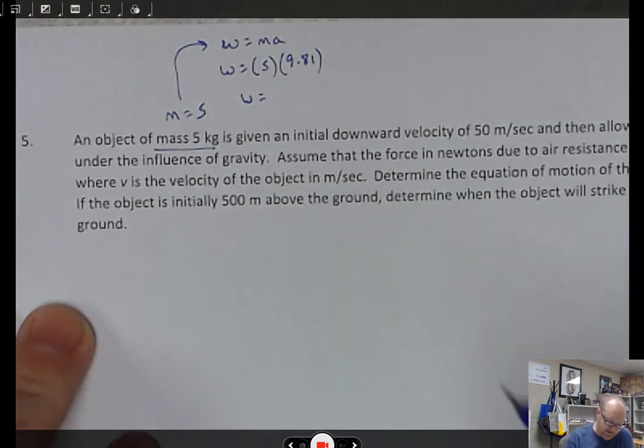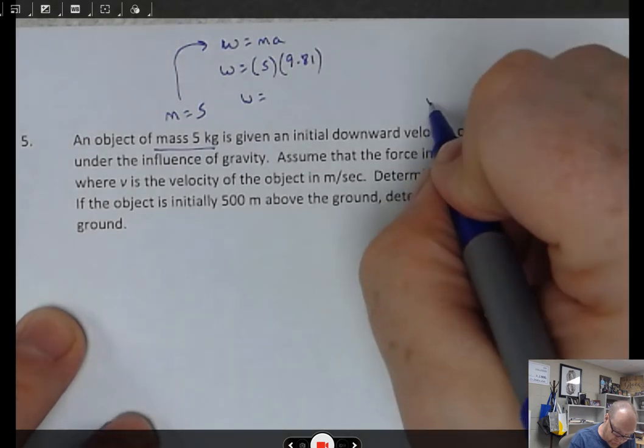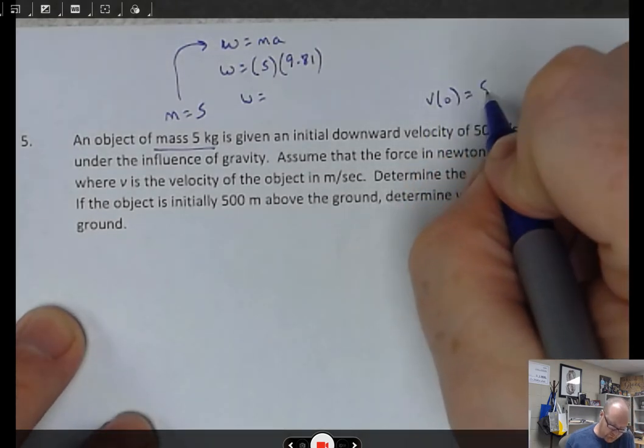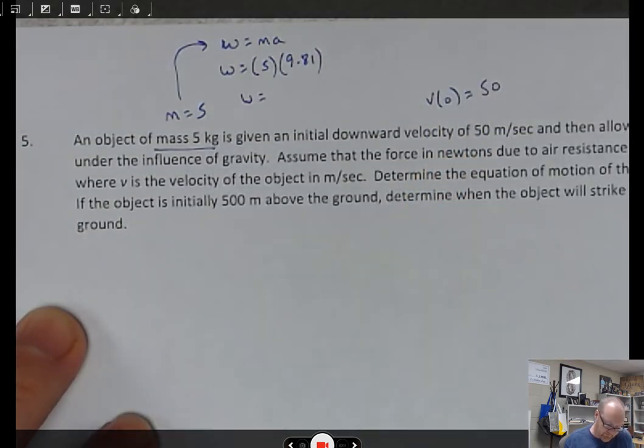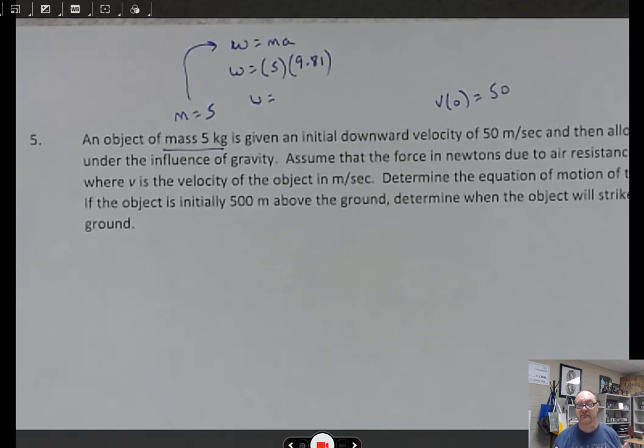What else is going on? You've got an initial velocity of 50 meters per second. So you not only have this weight traveling, you've got some force behind it, and you've got air resistance going on. So I think this is still going to be three forces at play: the weight of the object, the initial velocity pushing that further, and then the air resistance that's slowing that down. So see if you can model that.